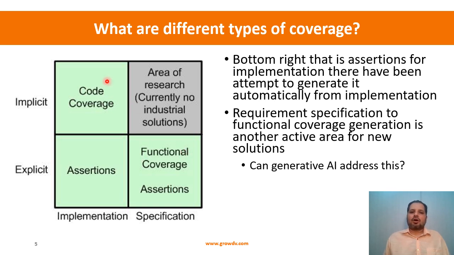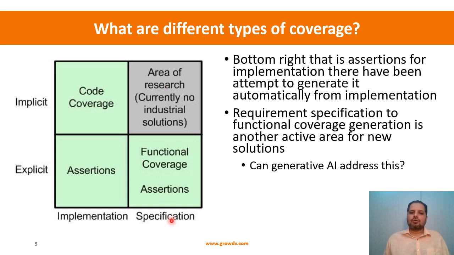And then as we talked about the implicit for implementation, which is the RTL code coverage, it is all generated automatically. Within the code coverage there are multiple metrics, so we will look into it. And one interesting area is that for the requirement specification today there is no implicit coverage. Okay, so this all has to be done explicitly.